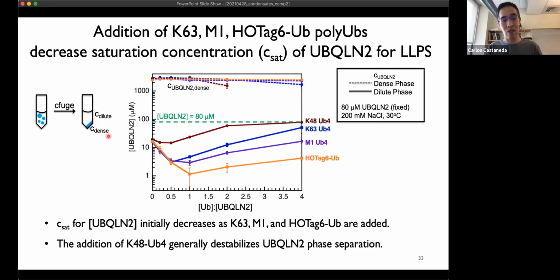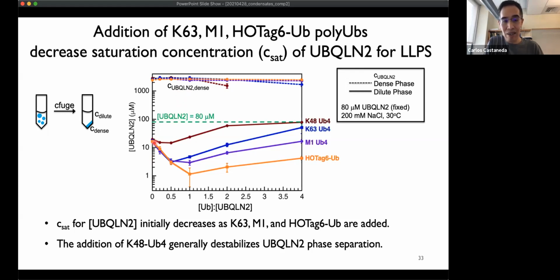We can measure the concentration of the protein in the dense phase by essentially isolating the pellet and resolubilizing it with urea, and then measuring the protein concentration in the dense phase. These are the kinds of things that we now look at. We were inspired to do this partially by Kirsten's work recently published in PNAS, where it's a good idea to monitor directly the concentrations of the proteins that you see in these droplets.